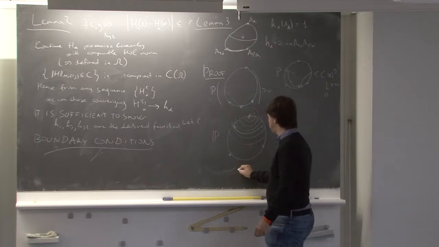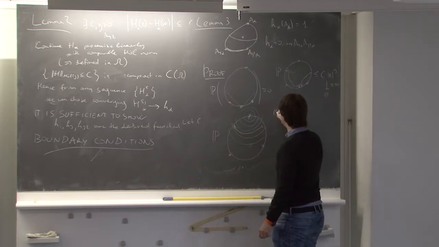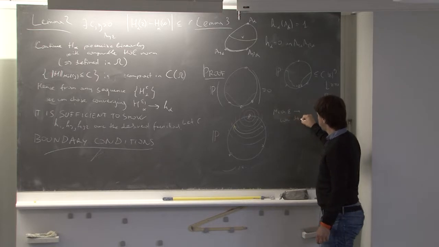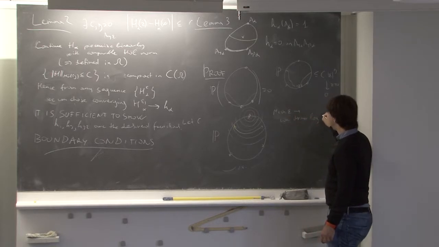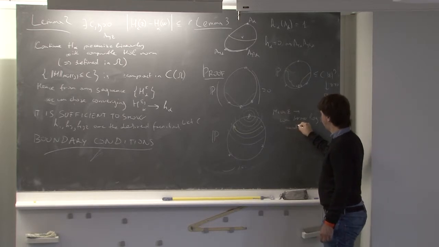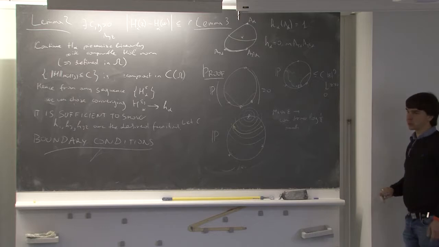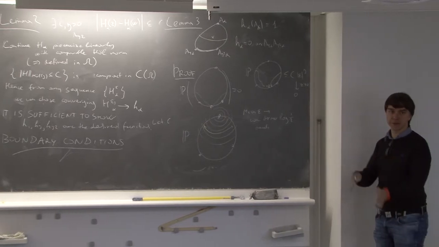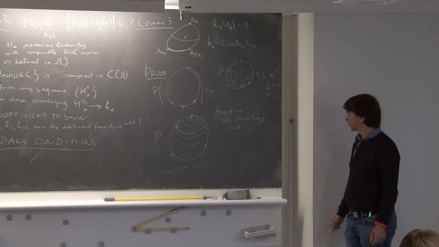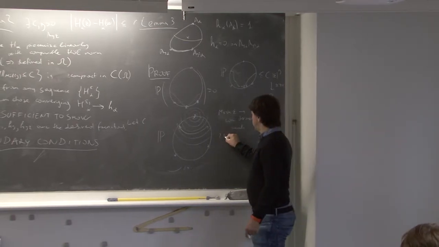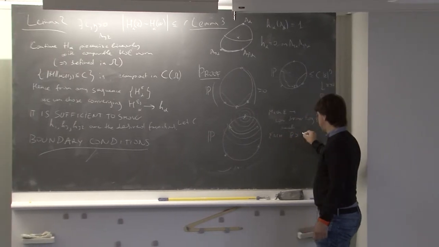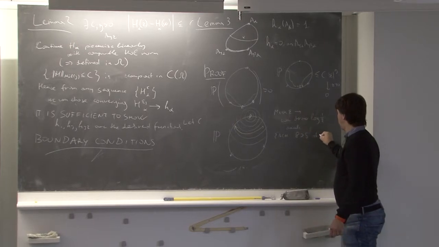If the mesh is epsilon, we can draw logarithm of epsilon annuli, because we can draw size 1, size 1/2, size 1/4, and so on till we hit epsilon. Each gives us probability bigger than some delta of a crossing.